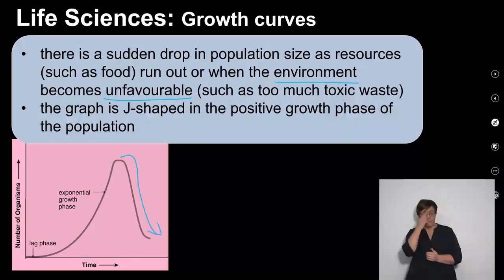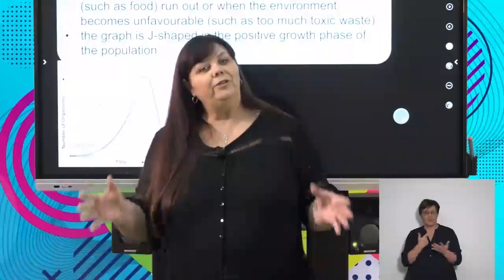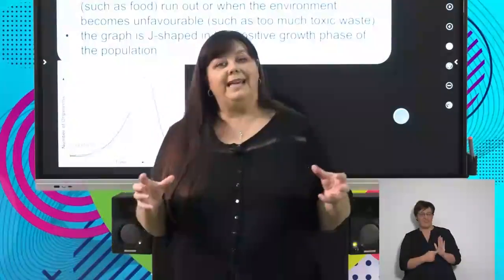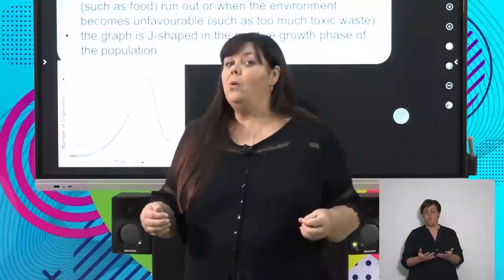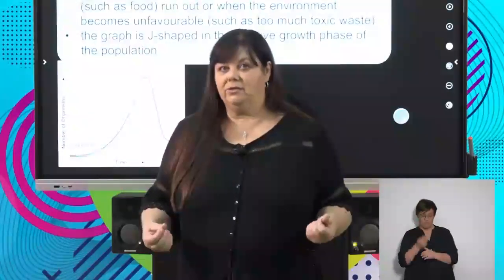But we know that this original J shape in the positive growth phase is very typical of an exponentially growing population. Now you've got a picture of exponential or geometric growth.